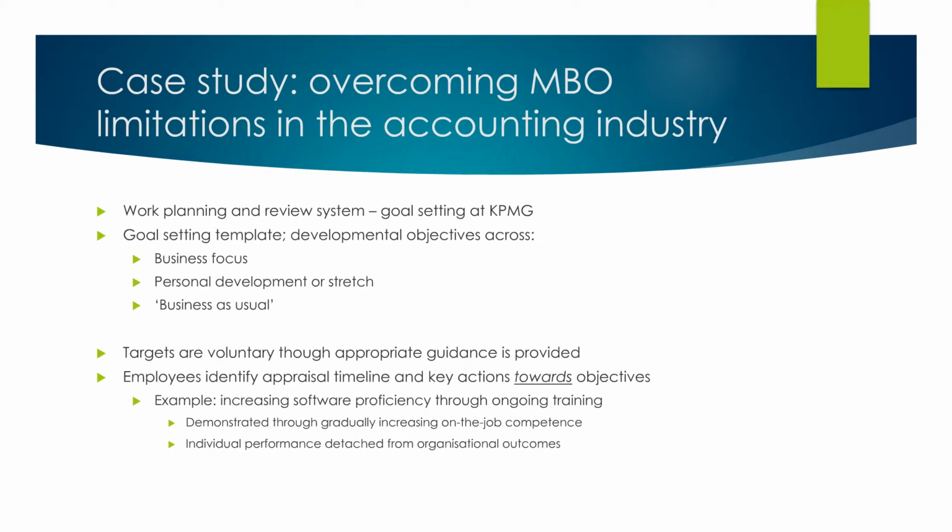Employees are subsequently required to identify an appraisal timeline against which these goals may be assessed, as well as the key actions they will perform in order to work towards these goals. This allows employees and their respective performance managers to overcome the problems associated with an over-obsession on outcomes, particularly with respect to junior employees who are not explicitly in a revenue-driving role, given the formative nature of their career.